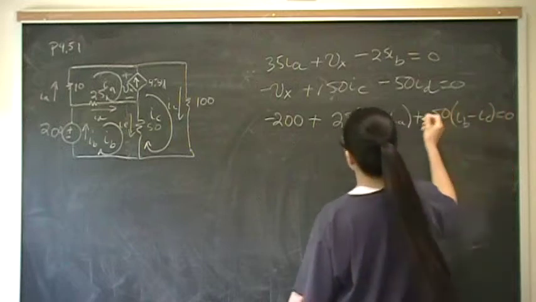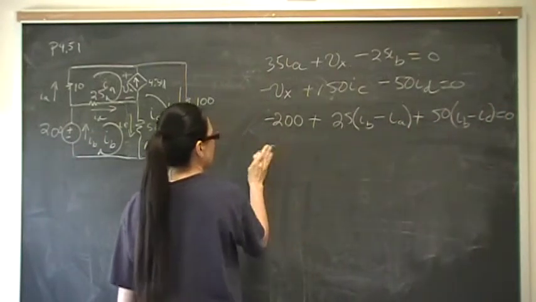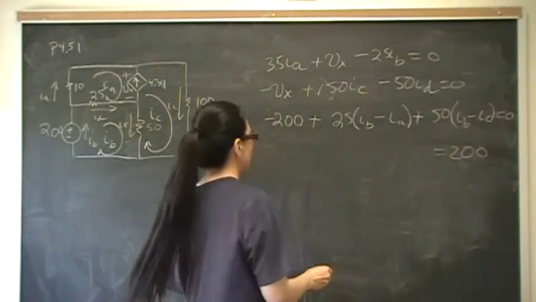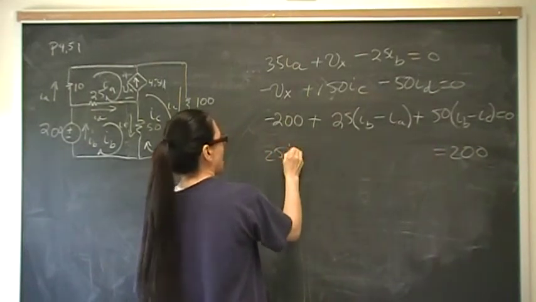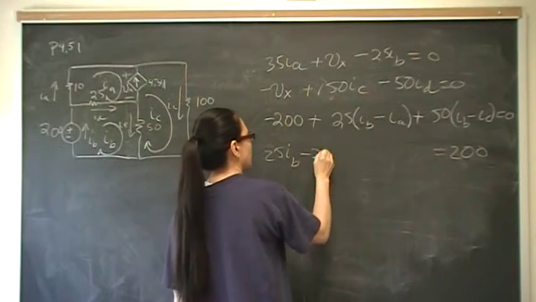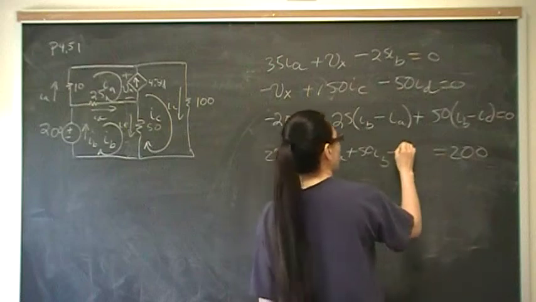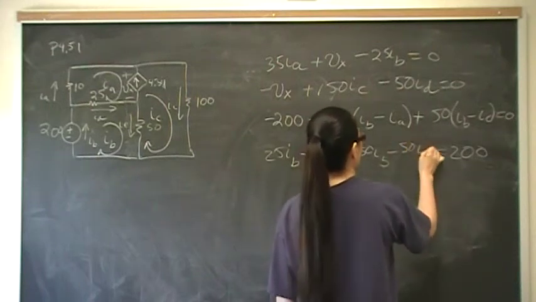That's equal to 0. So simplifying this, we're going to put the 200 on this side, so it's going to be plus 200. So we got 25 IB minus 25 IA plus 50 IB minus 50 IC.